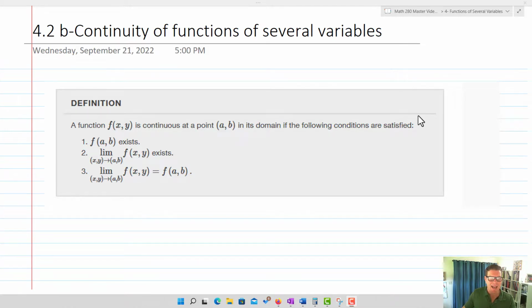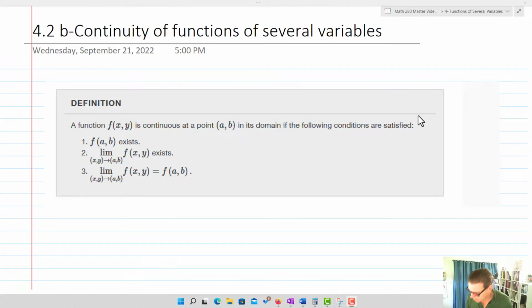And third, the limit has to equal the value of the function. Those 3 things are the requirements for continuity, and they are basically exactly the same as in 2 dimensions. In fact, even in 3, 4, 5, n dimensions, we get a very similar definition of continuity, and the same basic idea.